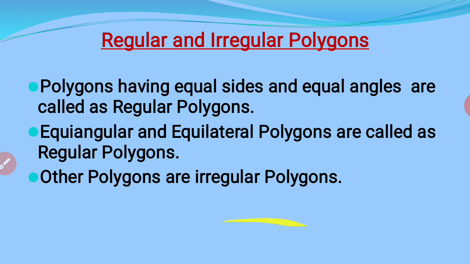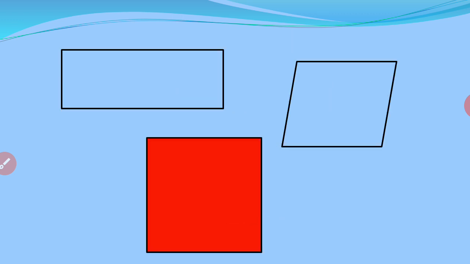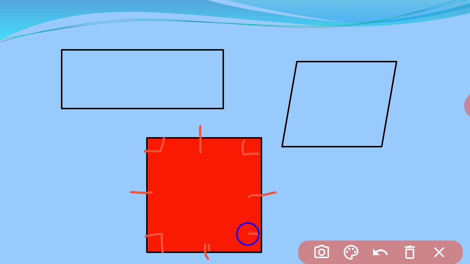So let's move to the last figure once again. Here in the colored figure, we can easily see that all the sides have the same length. Moreover, if we think of the angles, they are also equal. Such a figure is always called a regular figure, regular polygon.